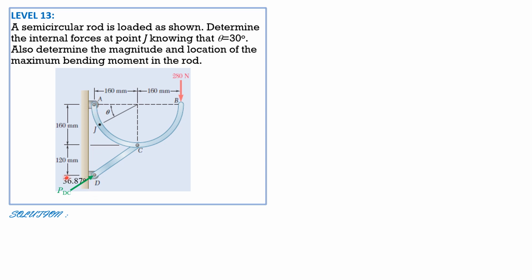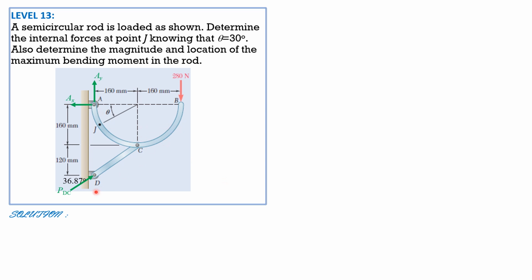The measure of this angle is 36.87, arctan of this vertical distance 120 over horizontal distance 160. So again, arctan of 120 over 160 is 36.87. So that's AX and AY. Summation of moment about A equals 0.